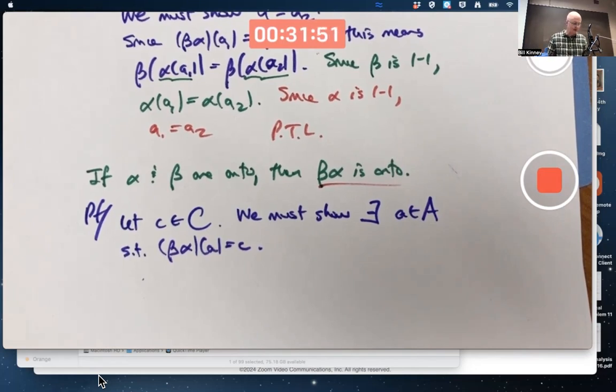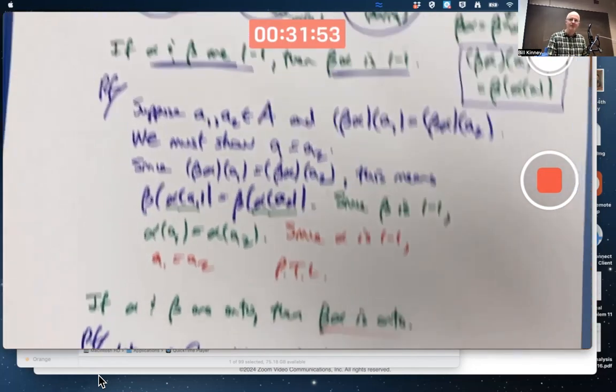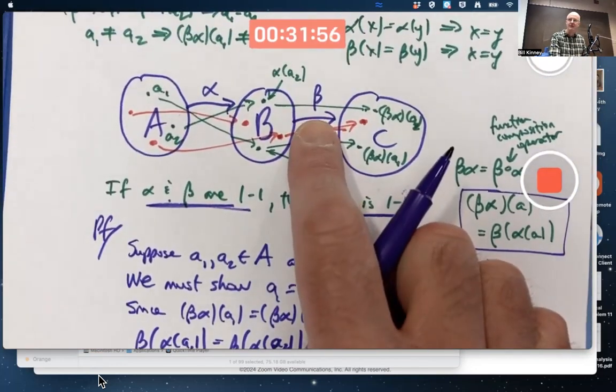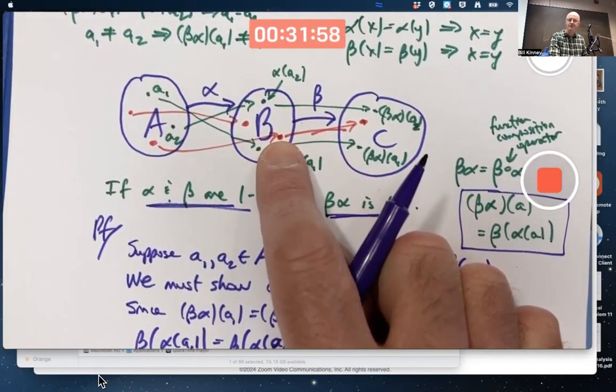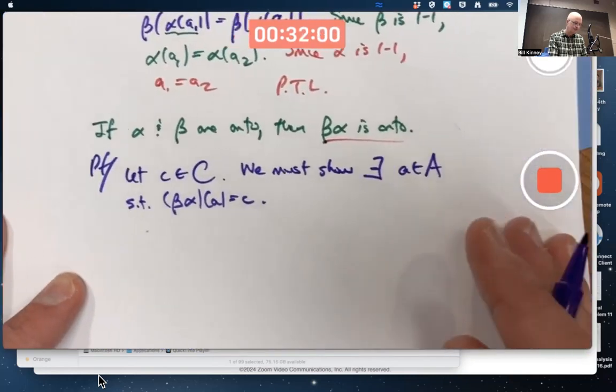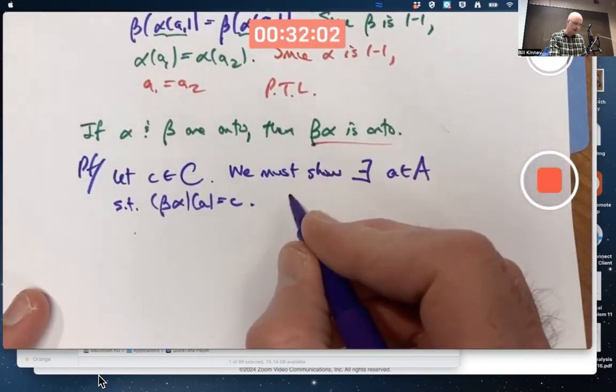But when I do the process of using the fact that beta is onto, I'm going to need to refer to B. I'll go ahead and do that right away.